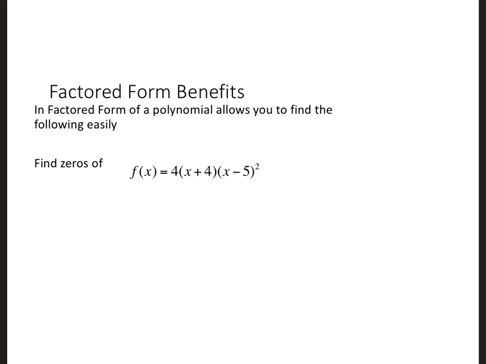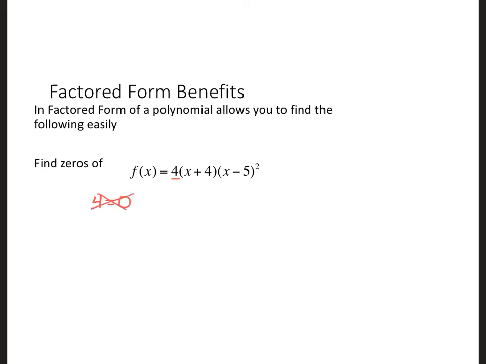So one factored form benefit is it allows you to find the x-intercepts. To find your x-intercepts, you just take each factor and set it equal to 0. So my first factor is 4. If I set 4 equal to 0, there's nothing to solve for, so this factor does not have an x-intercept.